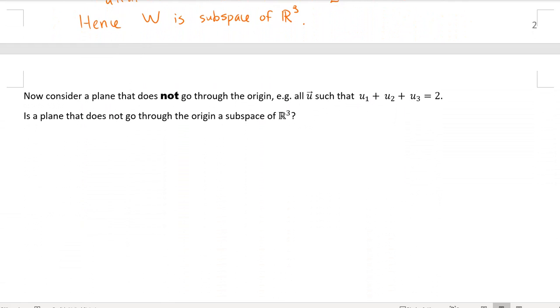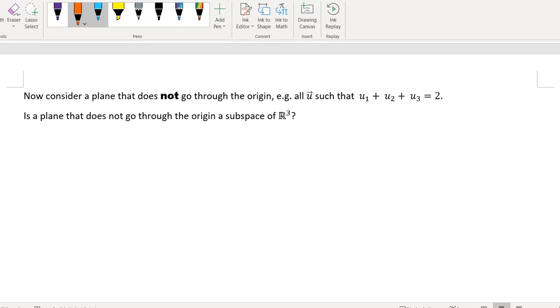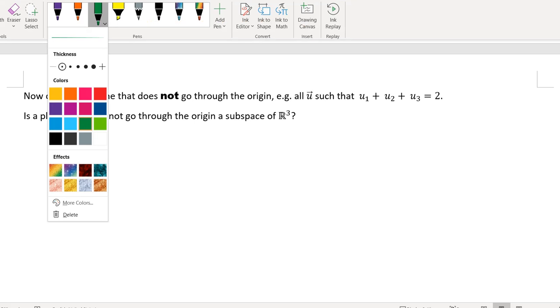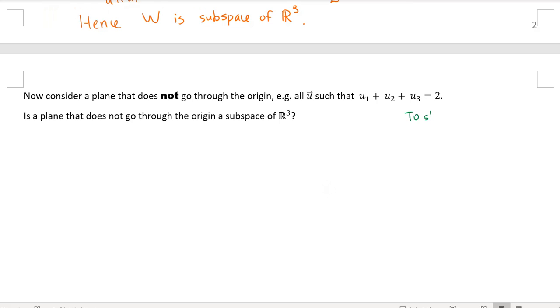Now consider a plane that does not go through the origin. For example, U such that U1 plus U2 plus U3 is 2. Is this plane a subspace of R3? Here, to show W is a subspace, we must prove it satisfies all three conditions.